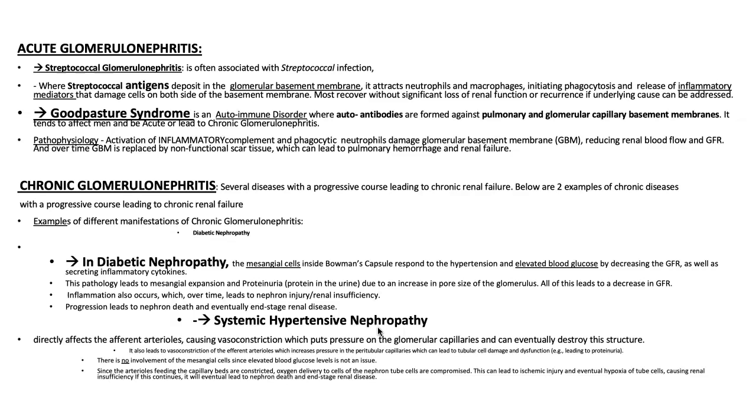In addition, the efferent arteriole that feeds the rest of the cells of the tube structure of the nephron also becomes starved of oxygen over a period of time, and they will start to die. So the main thing with the systemic hypertensive is the destruction of the cells comprising the nephron, versus diabetic nephropathy is the remodeling of a mesangial cell that will lead to inflammation and the destruction of the glomerulus.